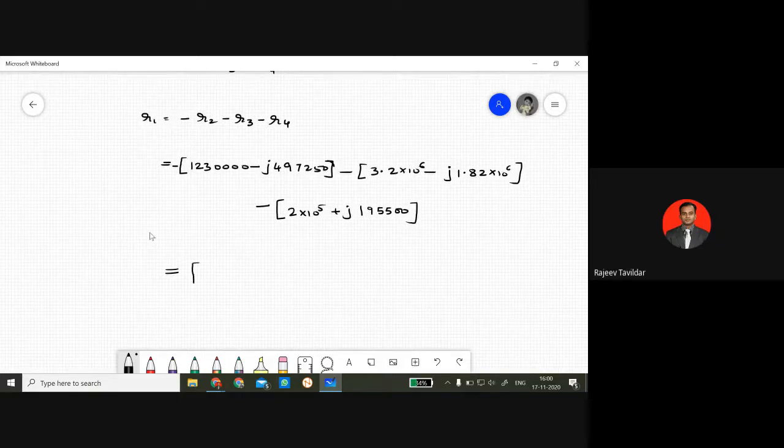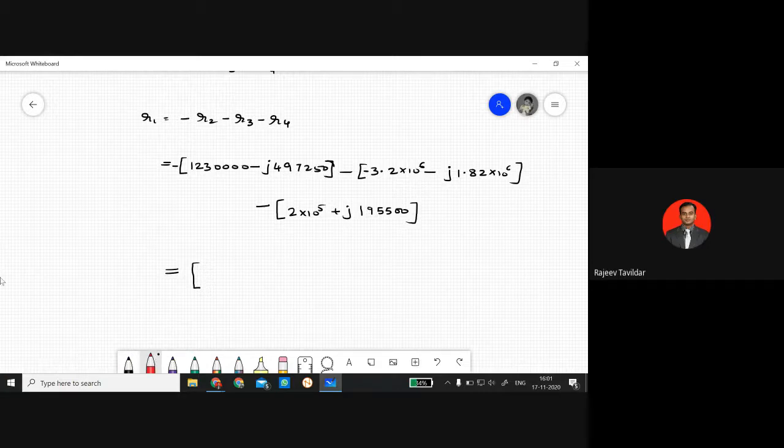Now I'm going to add all the real terms of these three values and all the imaginary terms of these values. Note that 3.2 is a negative term, R3. So this is minus 3.2, correct.